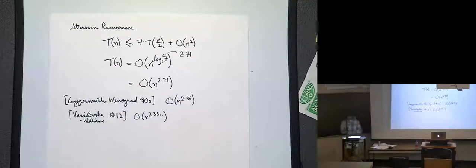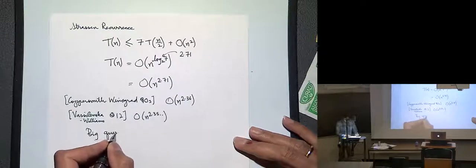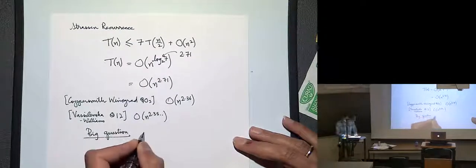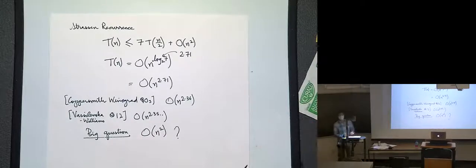The big question is, is O of n squared possible? There are some people who believe that it's actually not possible, that you cannot do it in n squared.